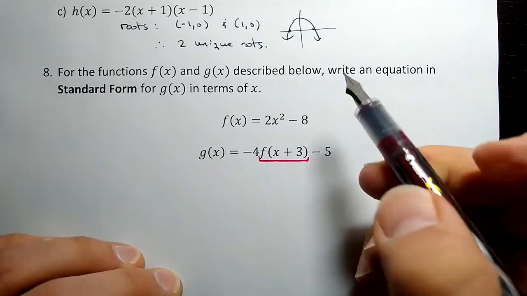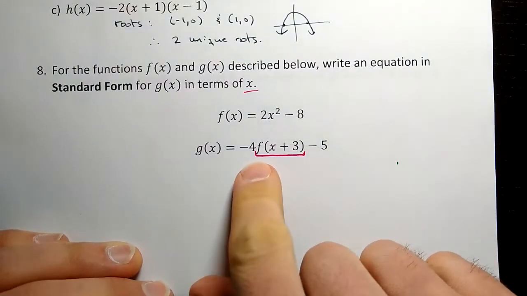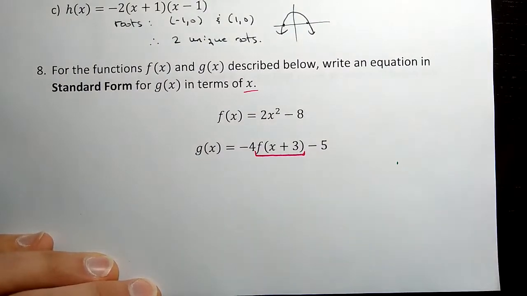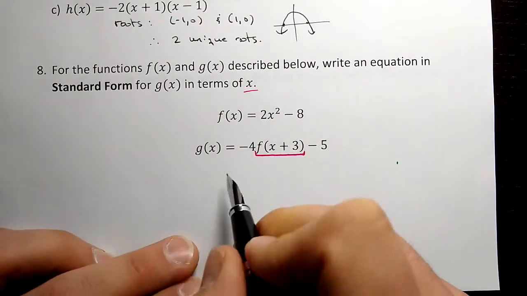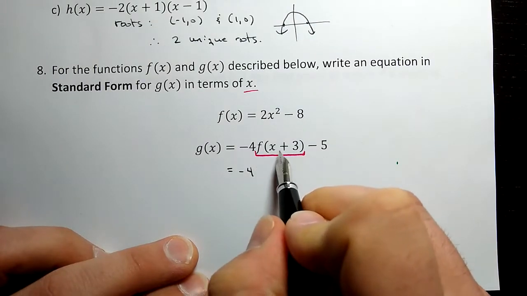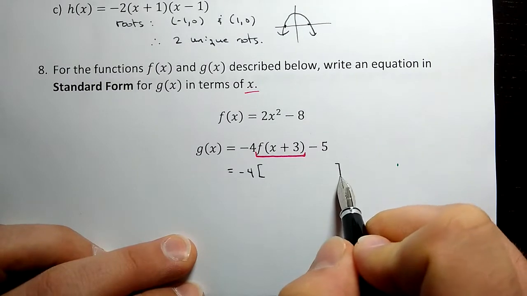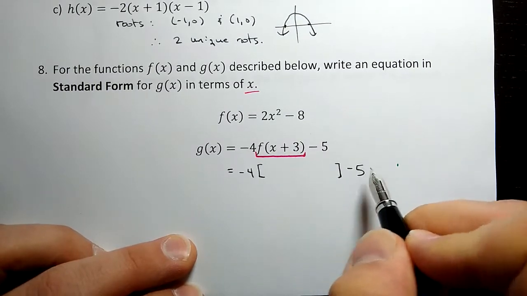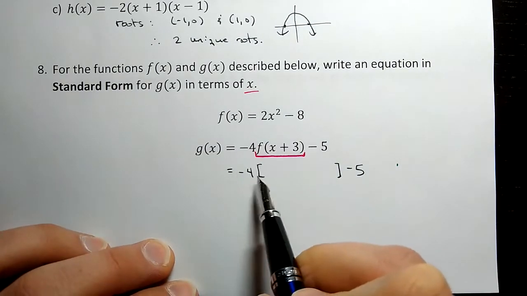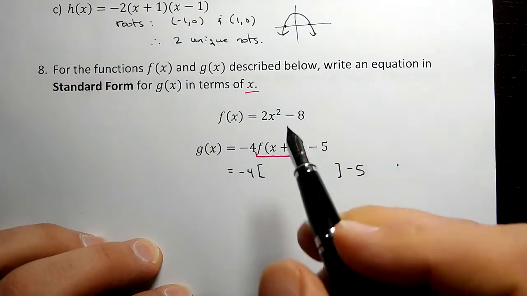It's not just x, and we would like it to not use the function f inside of this definition of g anywhere. So what we'll do is replace f of (x plus 3) with whatever that means. And then we have a minus 5 at the end. So there's the negative 4 times f of (x plus 3) minus 5.